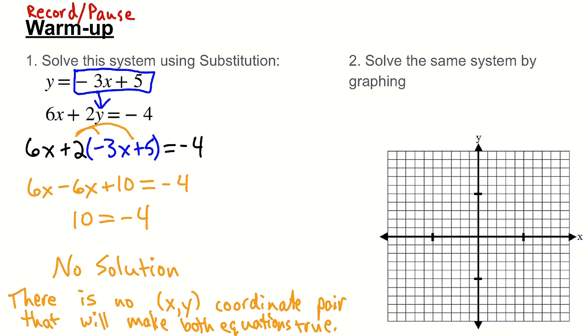But now we're going to graph these same two equations. I'm going to start with the y equals negative 3x plus 5. On my graph, the y-intercept is at 0, 5 right there. And my slope is negative 3, which says go down 3 and to the right 1, down 3 and to the right 1, and continue on with that pattern.